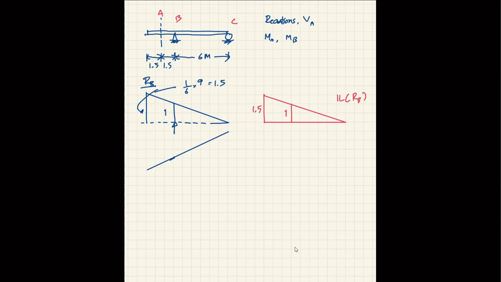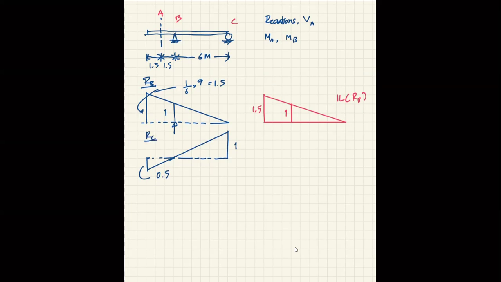So our datum line is here. And we all know that when you apply the unit load at C, reaction at C will have to be 1. So by engineering knowledge, we know this is 1. And by similar triangle, we know this is 0.5, right? I forgot to say this is RC.